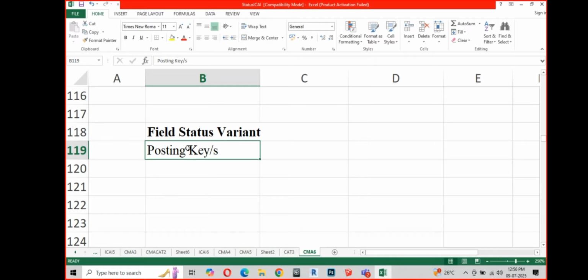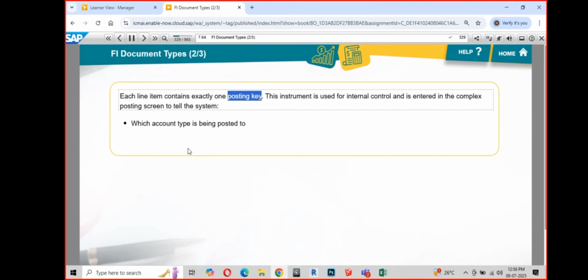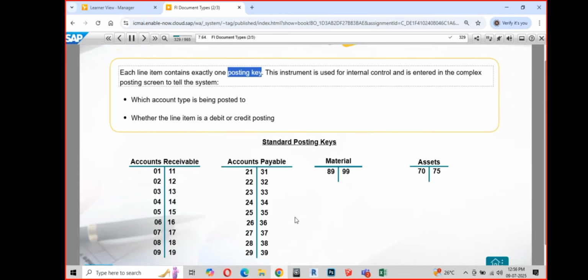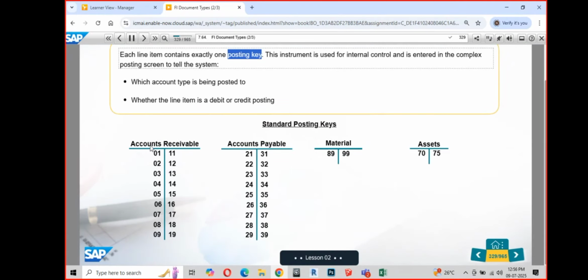Now, since we have already, can you see some numbers? See the numbers 0, 1, 11, 0, 2, 12, 0, 3, 13. You have 70, 75.